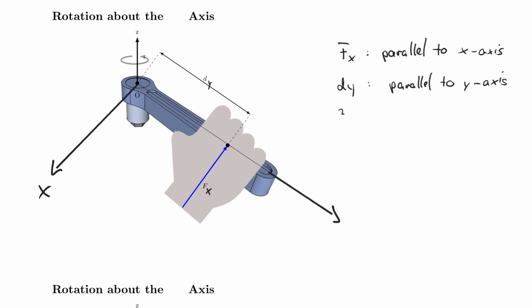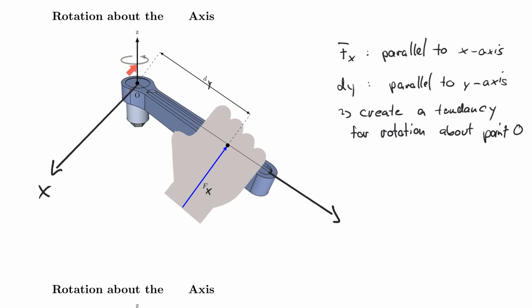And together they create a tendency for rotation about point O. So these force and lever arm create a rotation about this point.